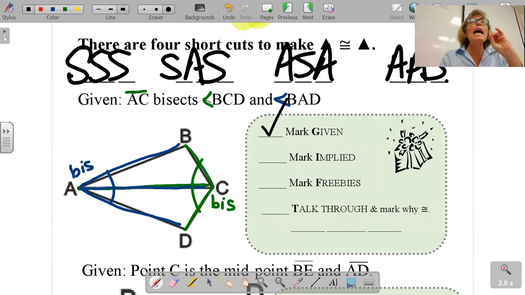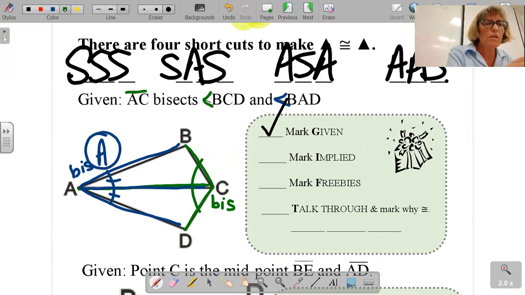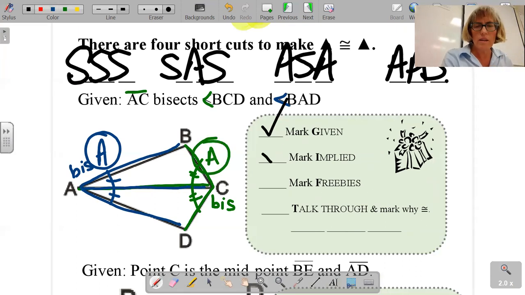Implied by the given. So this is given, what's true because of the given, and this is what's true. This is being bisected. I have a pair of angles. Right here, I have another pair of angles. That's implied. Freebie. AC is equal to AC.